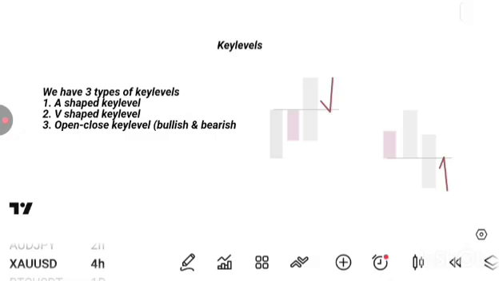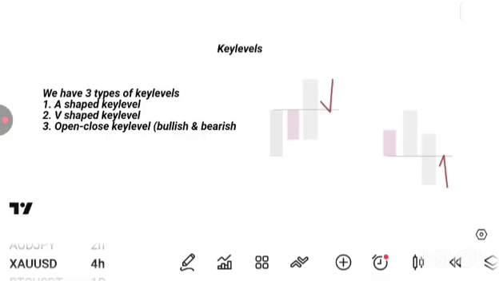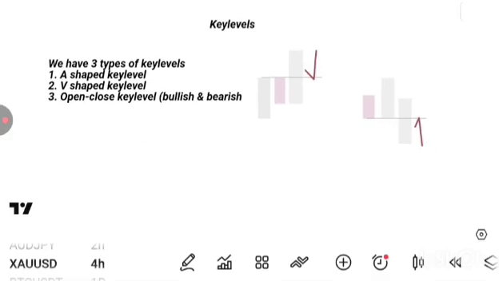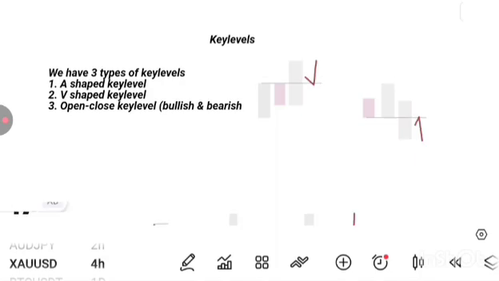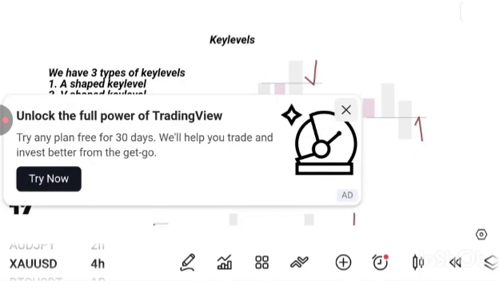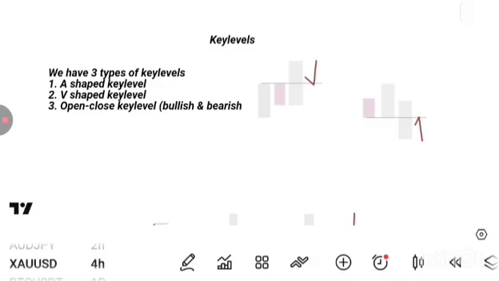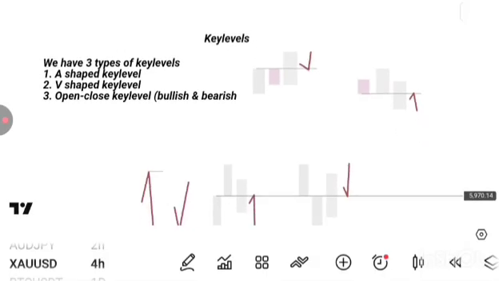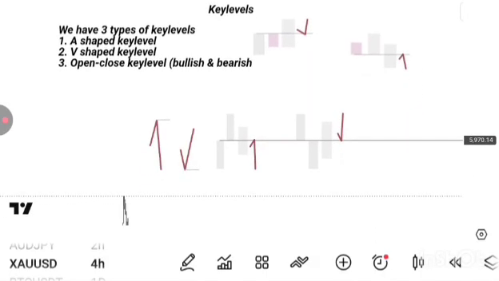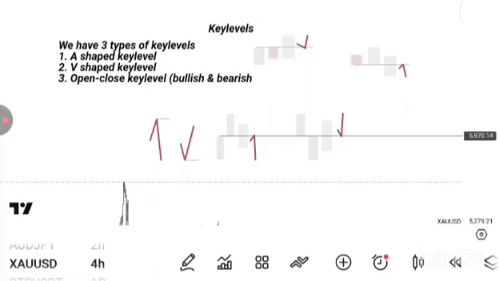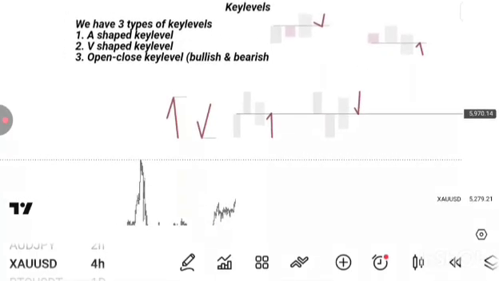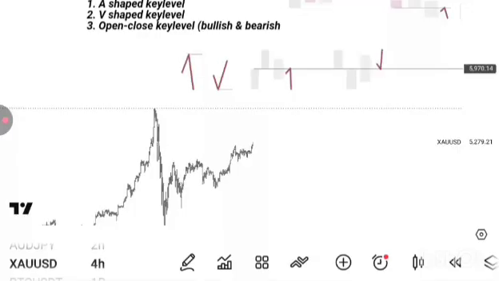We then want to look for sales in the other direction. Same thing applies for the bullish and the bearish open close key level. It is as simple as ABC. So let's go on the charts. Let me show you some chart examples of A-shaped key levels, V-shaped key levels, then open close key levels.